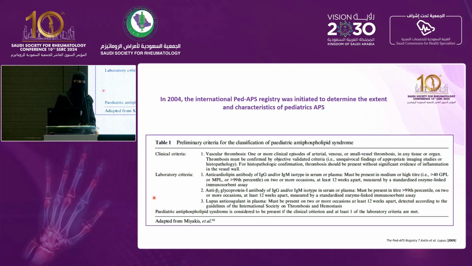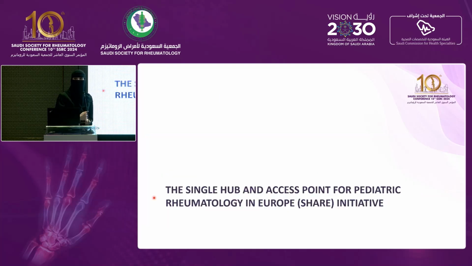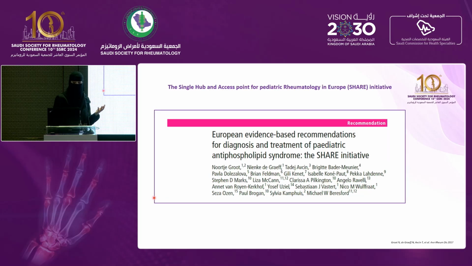After that, the SHARE initiative made recommendations for diagnosis and treatment of patients with antiphospholipid antibody positivity, because they thought that the pediatric registry publication was not enough, as they studied only 120 patients and it doesn't reflect reality.